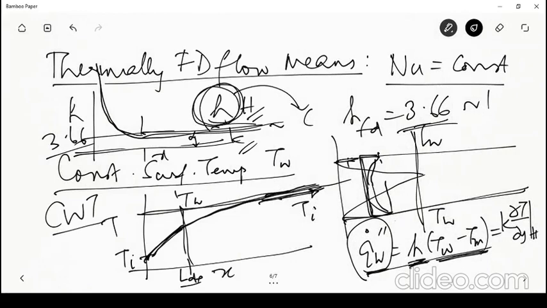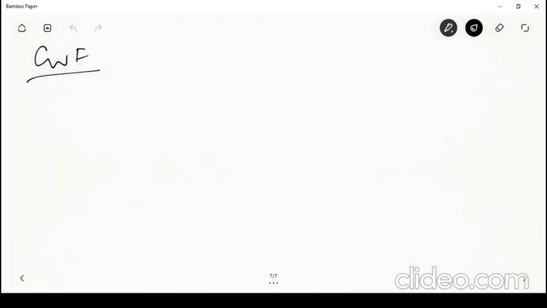What happens in the constant wall flux case? Okay, the earlier one we could call the CWT or CST case, constant surface temperature or constant wall temperature case. In the case of constant wall flux, what happens?